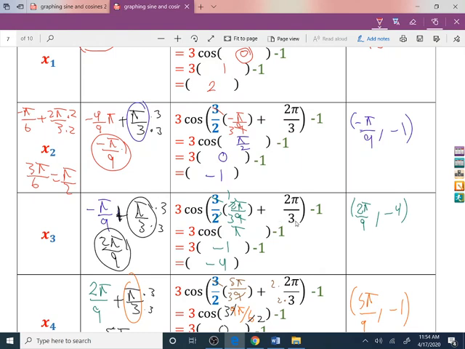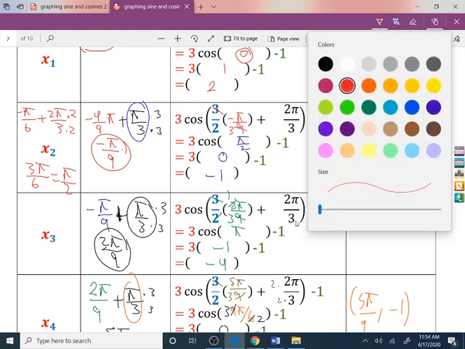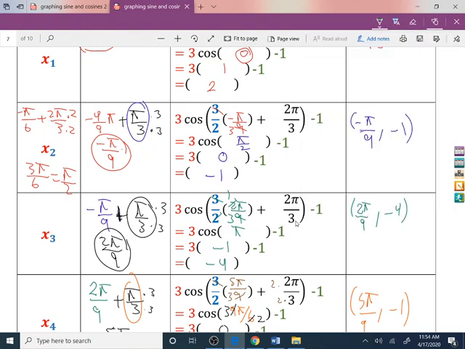Multiply by 2. If you want me to simplify it, okay, I will do it for you. I have pi over 6 plus 2 pi over 3, multiply by 2, 4 pi, right?